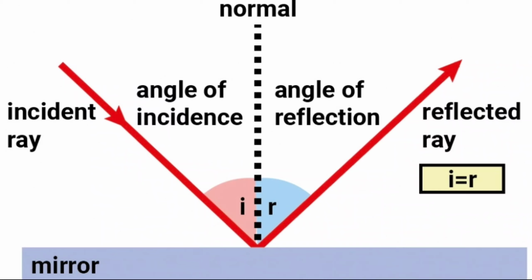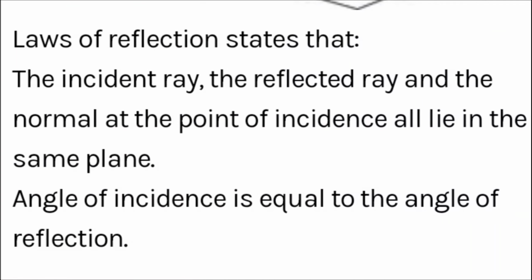The ray will come from one medium and fall on a surface; that is called the incident ray. After striking the surface, when the incident ray bounces back to the same medium, that is, after reflection, that ray is known as the reflected ray.